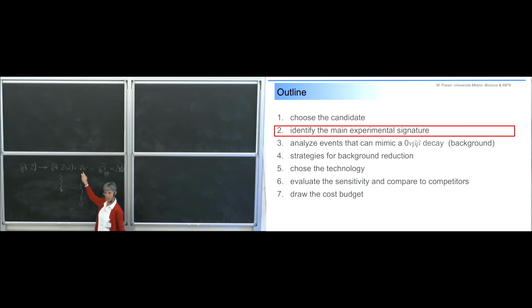That means the distribution is... if I write here, which kind of energy? This is the sum energy of the two electrons, okay?